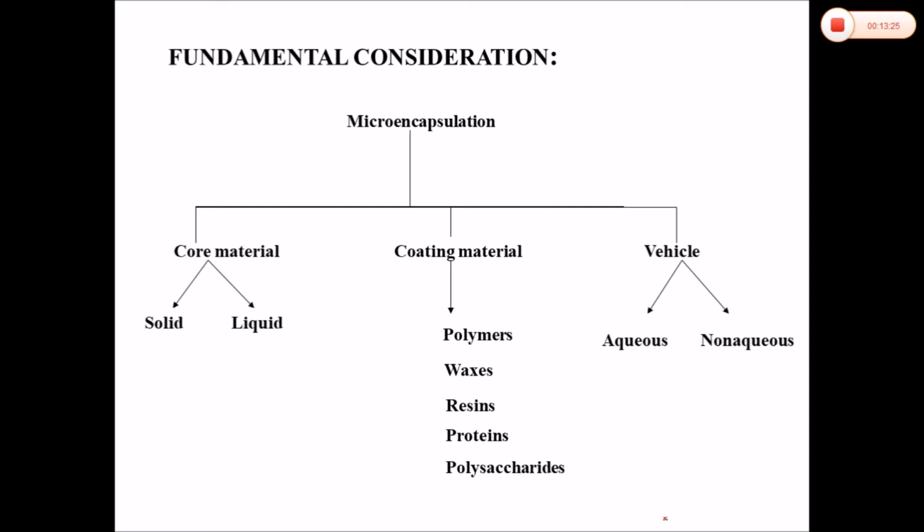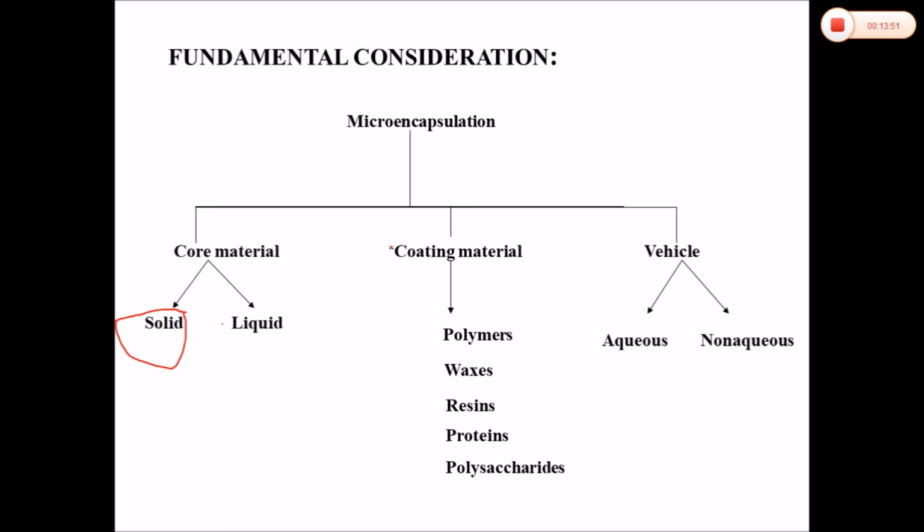So under that, the core materials, whether our core material is in a solid state or in a liquid form. So depending upon that, we can select the proper coating materials. There are various types of coating materials.